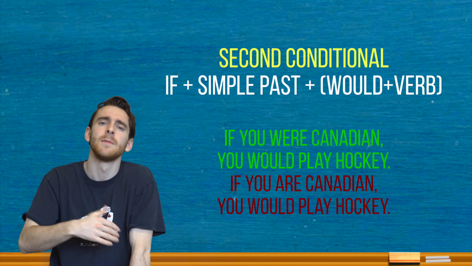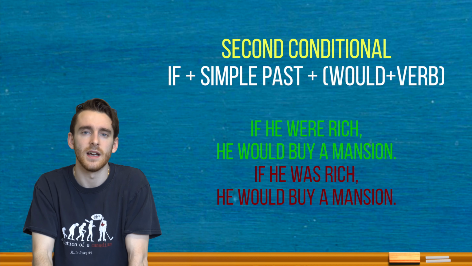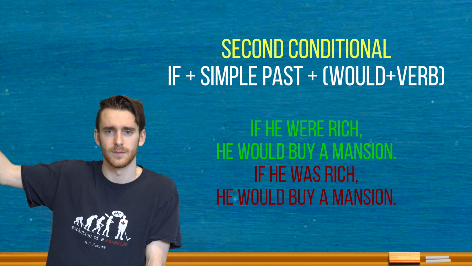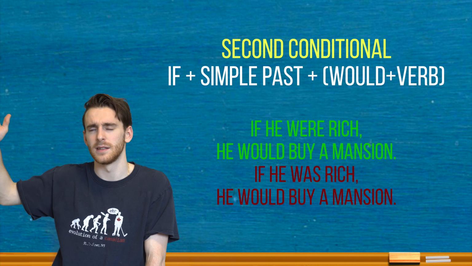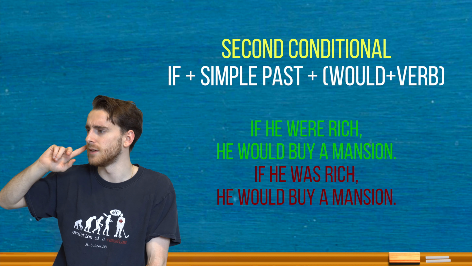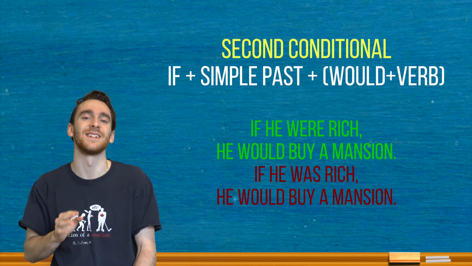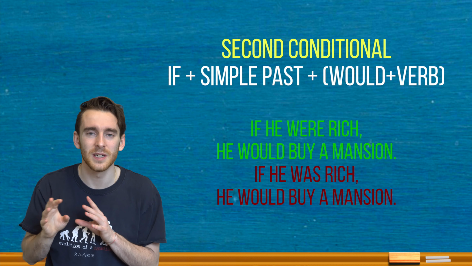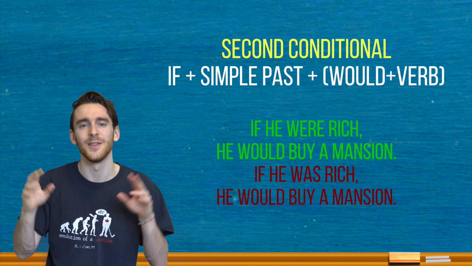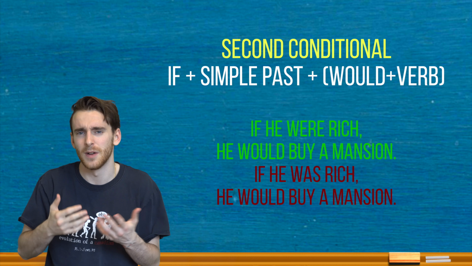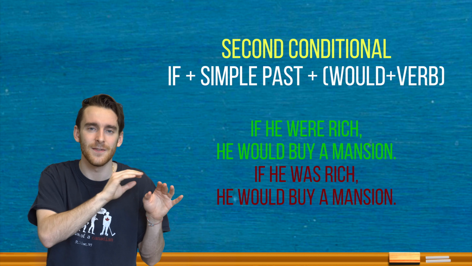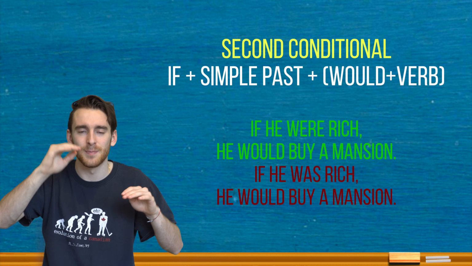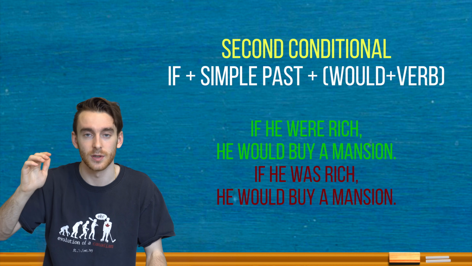So we don't say if he was rich, he would buy a mansion. Okay. Wait, do we say that? Oh yeah, native speakers say that all the time. So you'll hear if he was rich all the time. So you don't have to worry too much about that. But technically, the grammatical way of doing it, guys, is that if he were rich, not if he was.